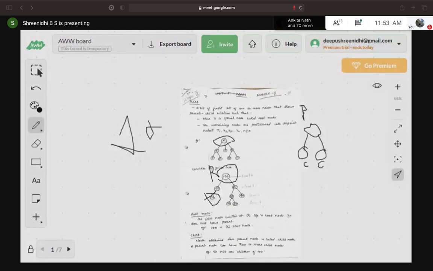Okay. What is the child? A child node is nothing but the node obtained from the parent node. That is called a child node. A parent node can have zero or more child nodes.